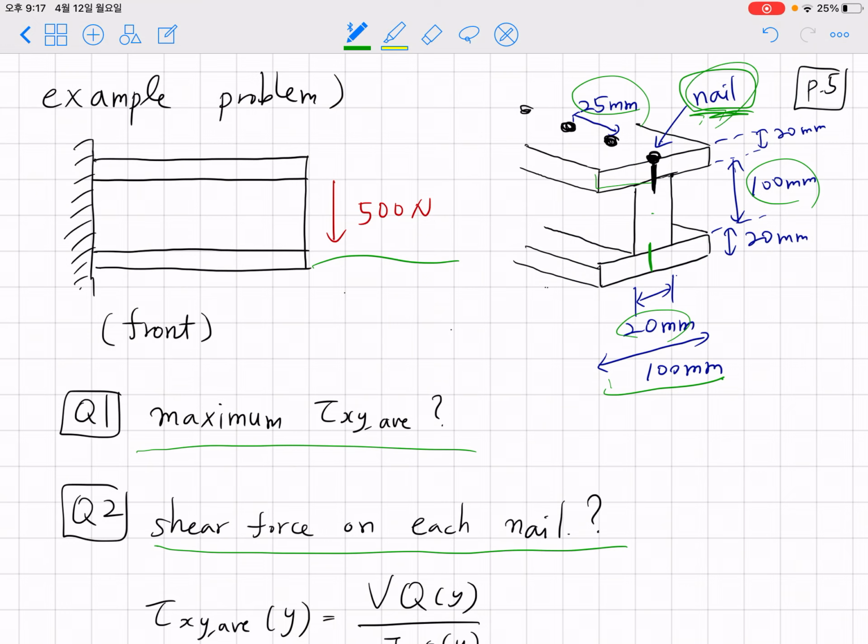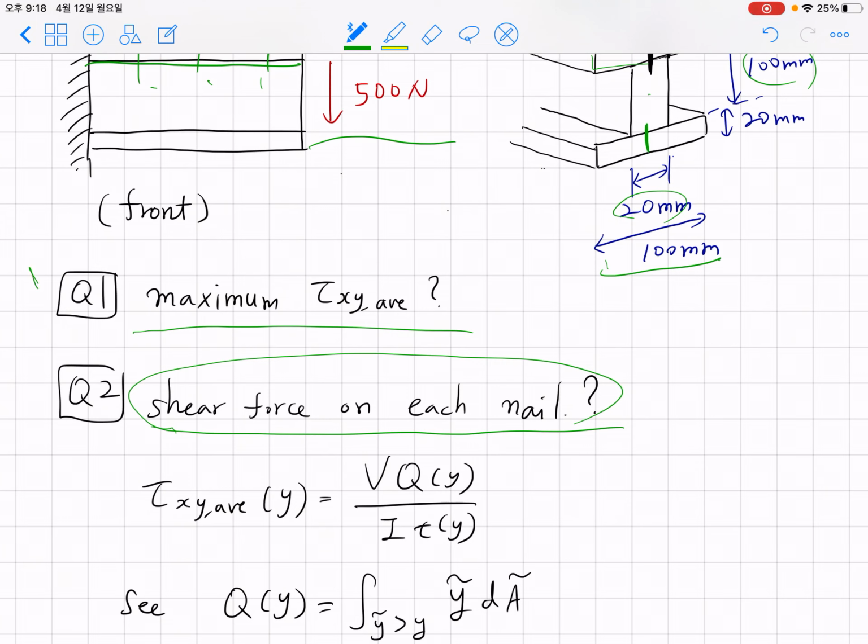You should have nails dense enough. If you have nails too far from each other, you only have three nails to sustain the entire shearing force over the interface. So it's really important to determine the shear force for each nail to design an appropriate distance between nails. Let's try to solve these two problems.